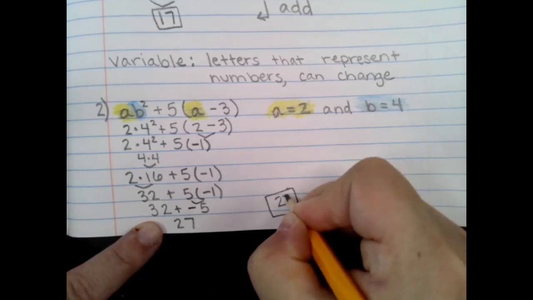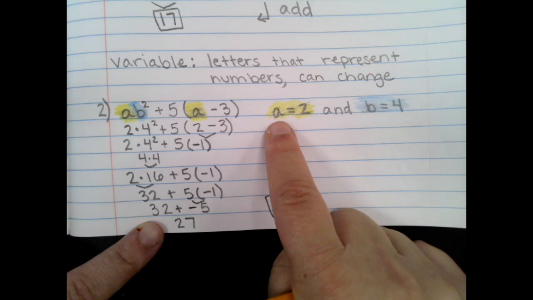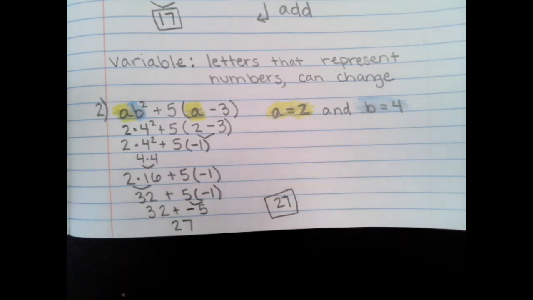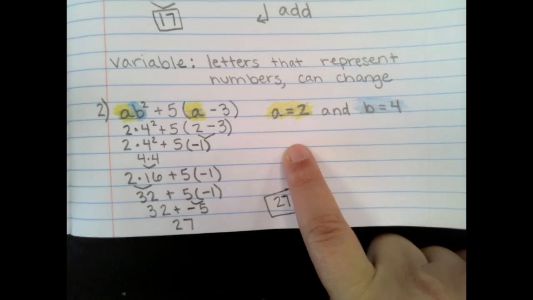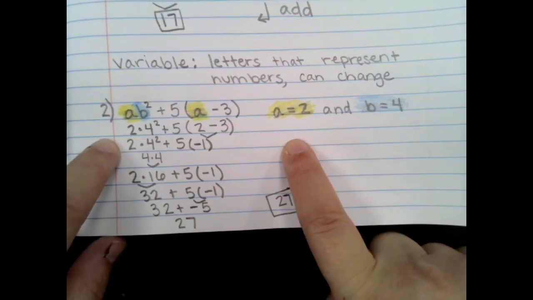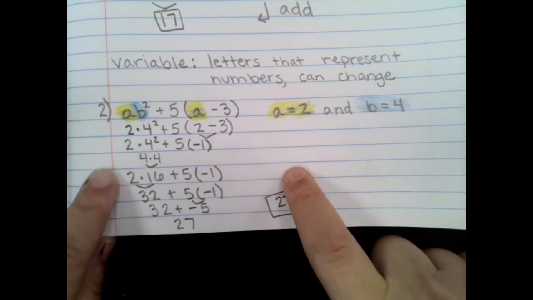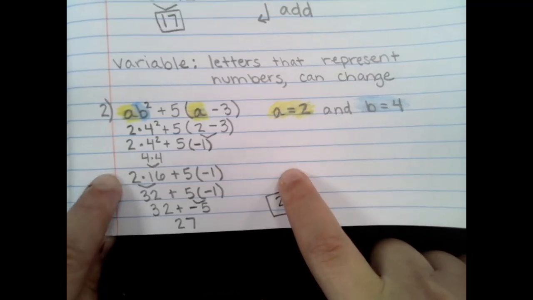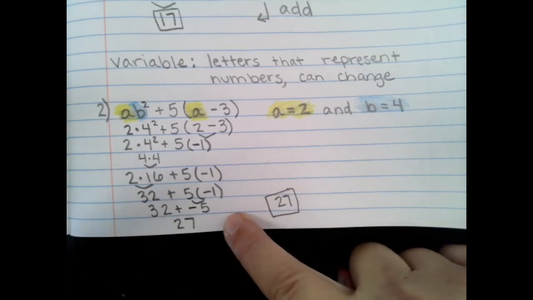If it helps you to write down each step that we did, first we substituted, we switched things out. We did grouping symbols. What did we do after the grouping symbols? Exponents. And then we did multiplying, multiplication again, and then it was adding, but we really subtracted.